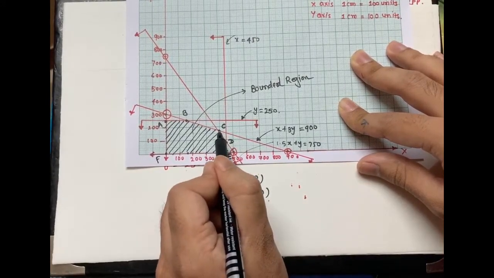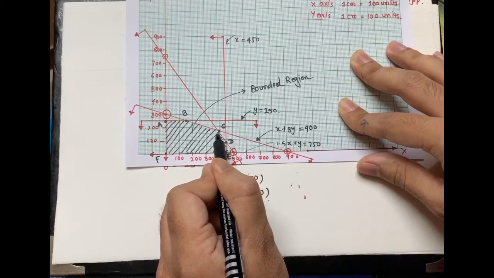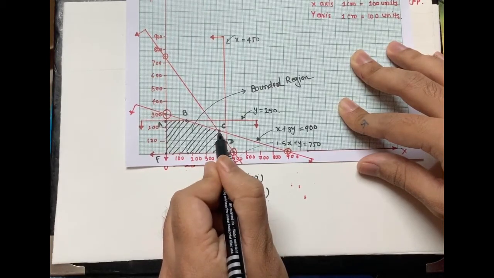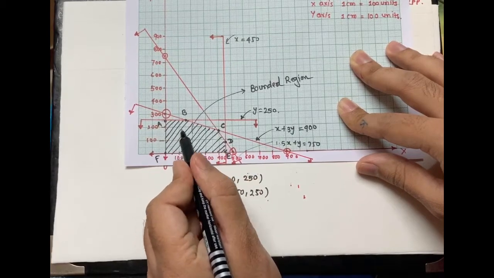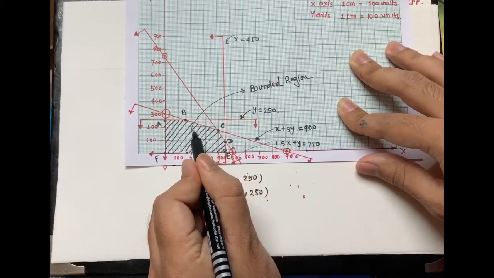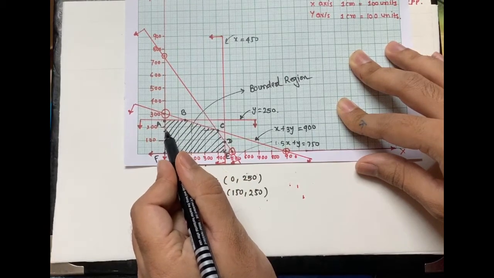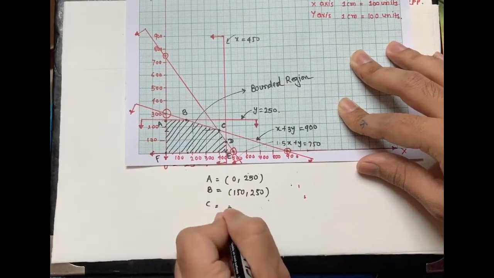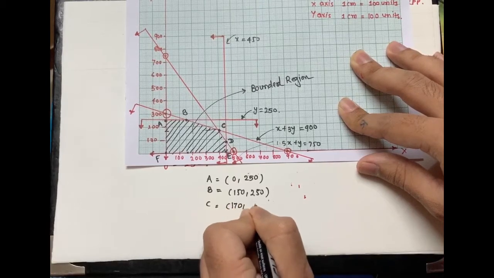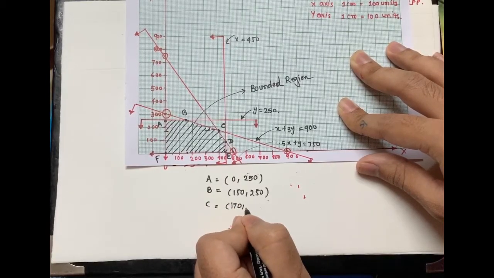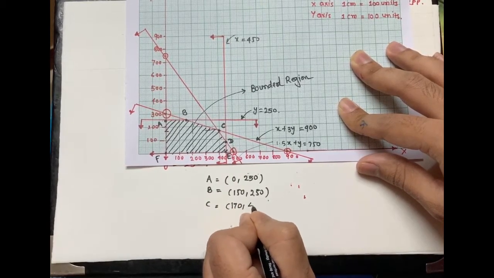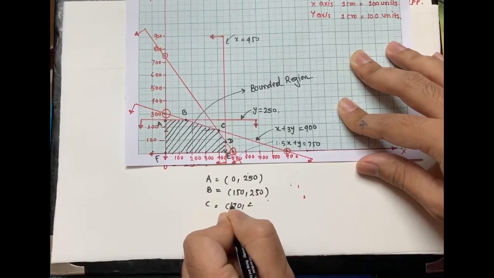C gives the value of 400 on the x axis and 170 on the y axis, so 400 and 170.